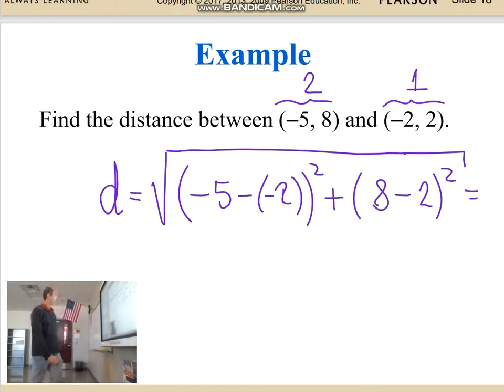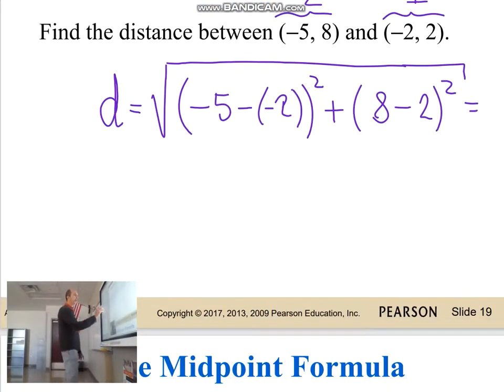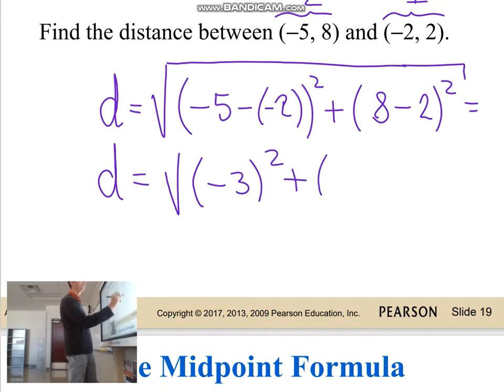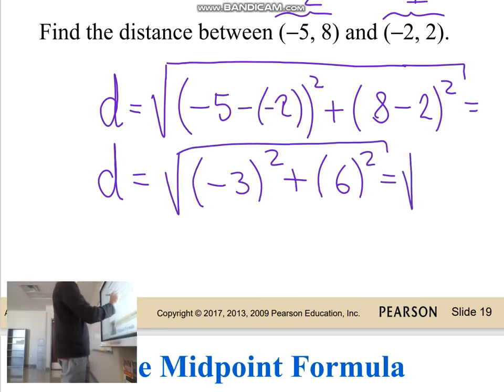Okay? And after you simplify, you're going to find d equals -5 minus -2, negative and negative positive, so -3 squared plus 8 minus 2, 6 squared, and this is equal to 9 plus 36.